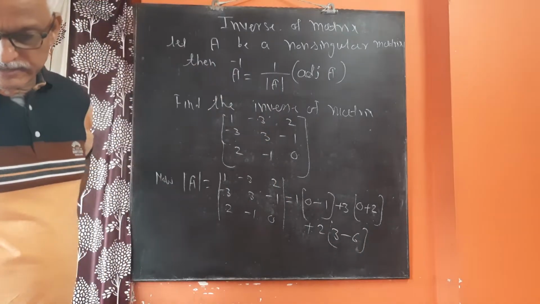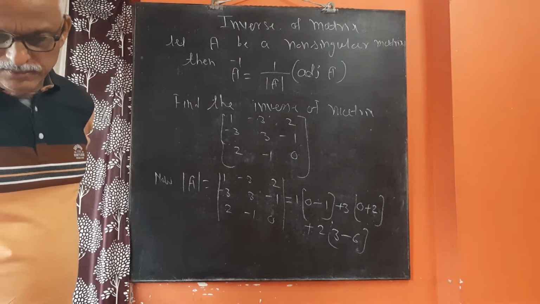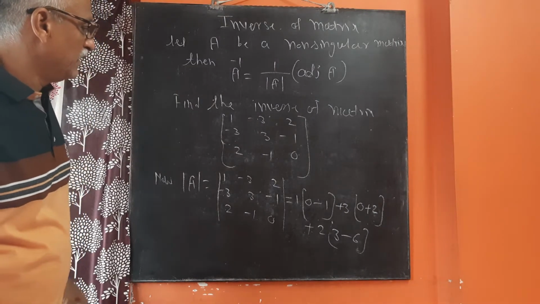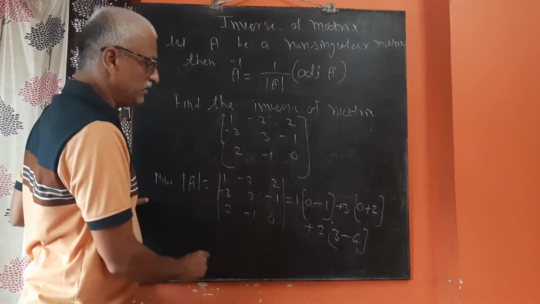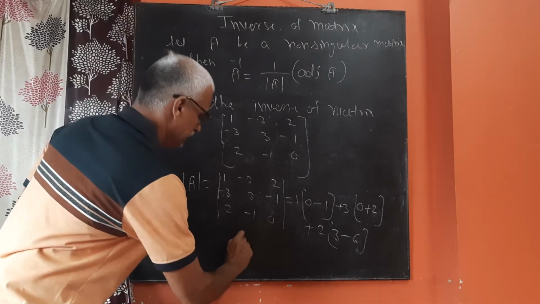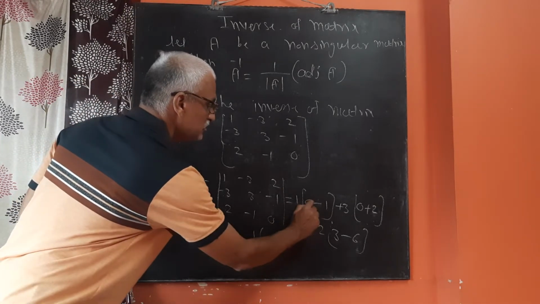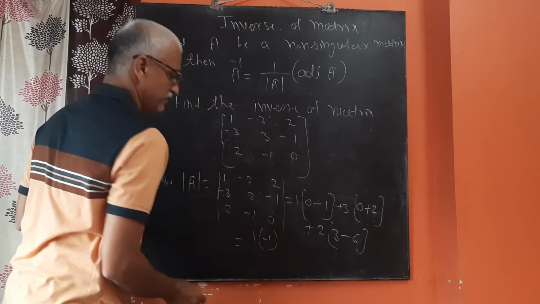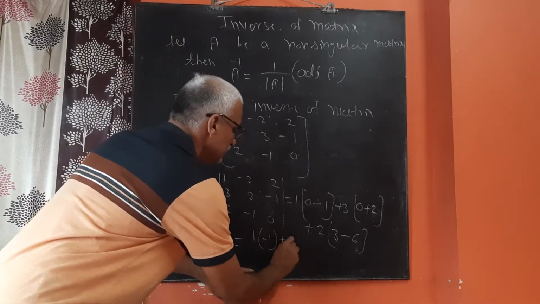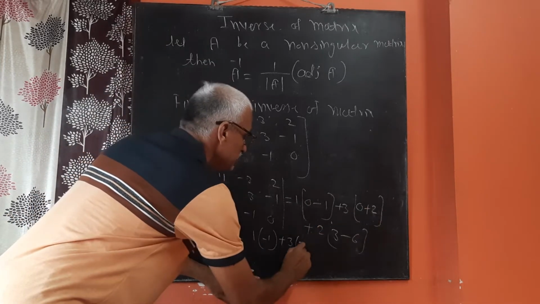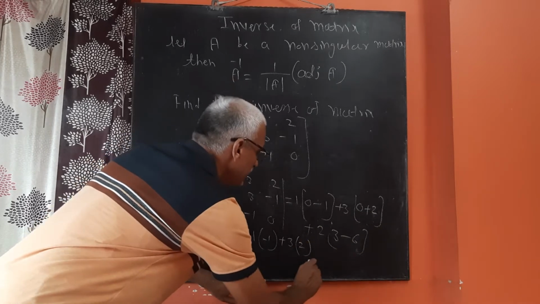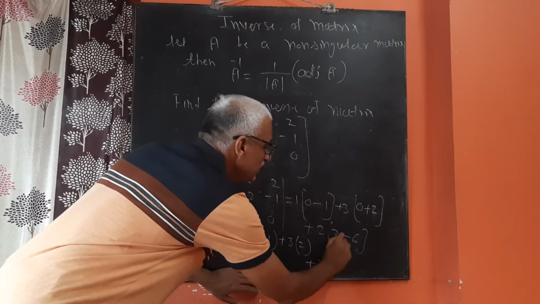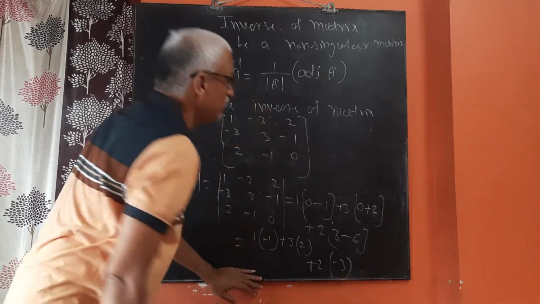Let us verify that again. If you simplify it, this is equal to 1 into (0 minus 1, that is minus 1), plus 3 into (0 plus 2, that is 2), plus 2 into (3 minus 6, that is minus 3).